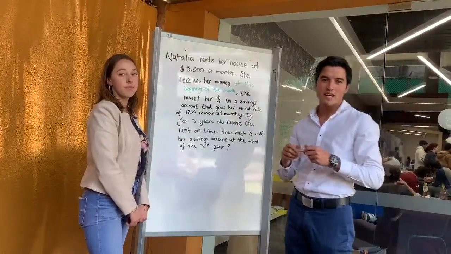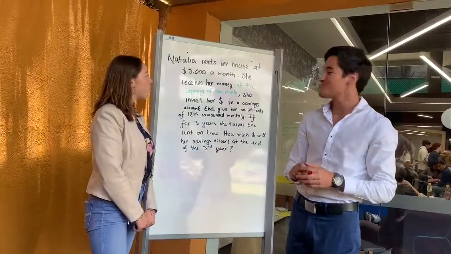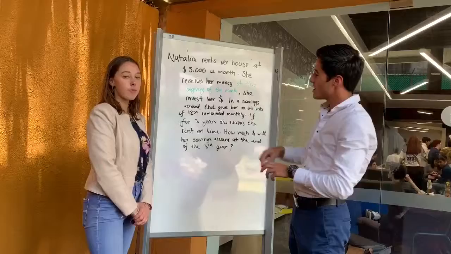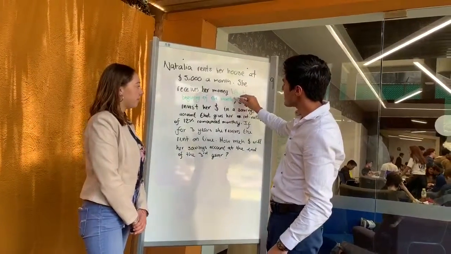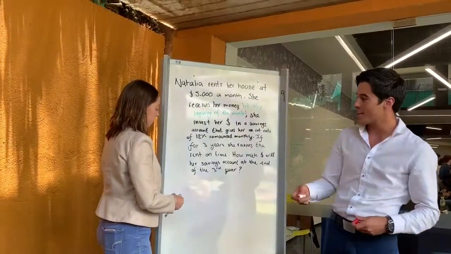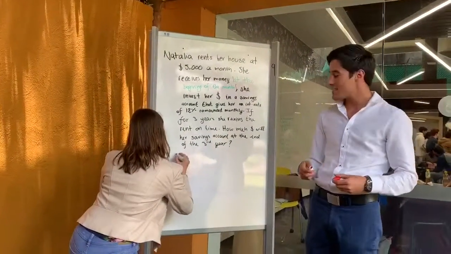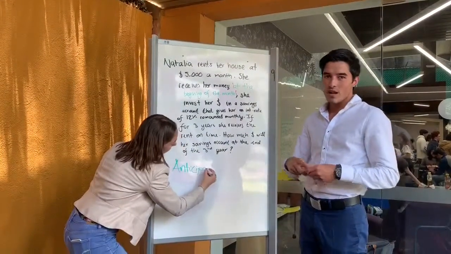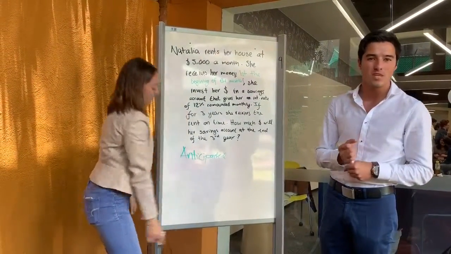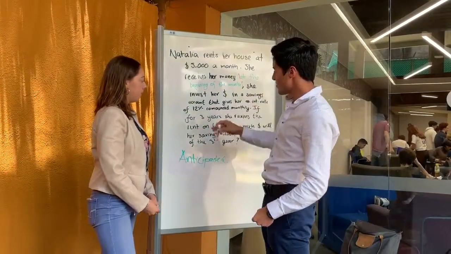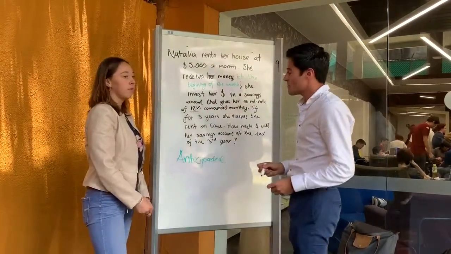The first thing we have to do to analyze this problem is know what type of annuity it is. In this case, we have the phrase that says at the beginning of the month, which we can analyze and conclude that this is an anticipated annuity. Then we have to analyze what variables they give you. They give you 12% compounded monthly.